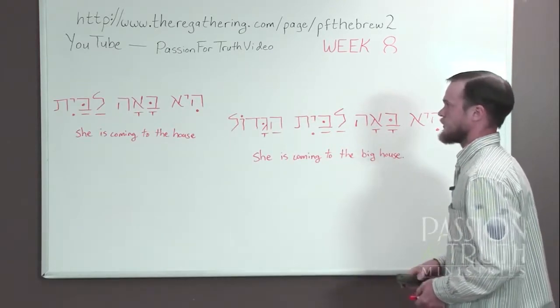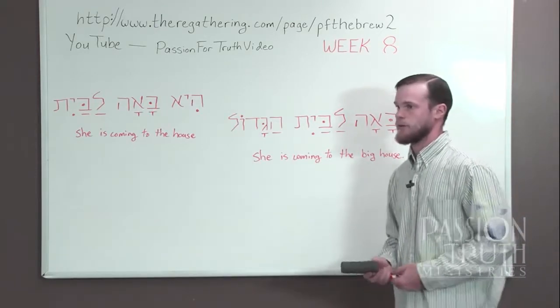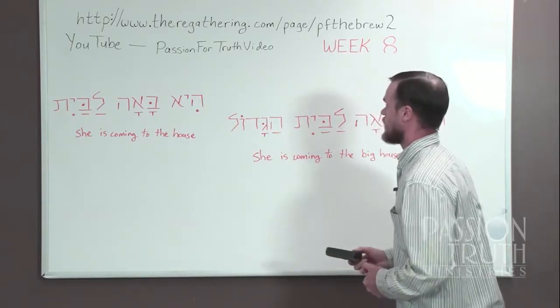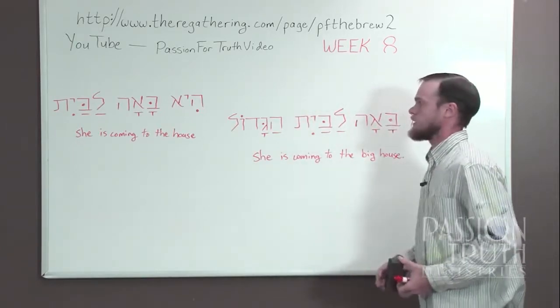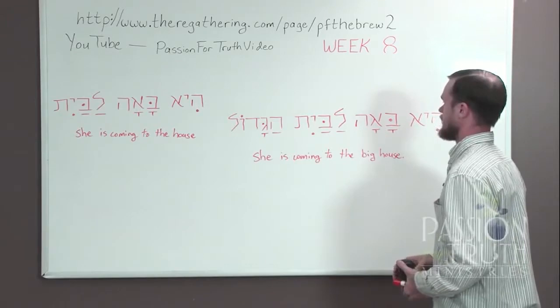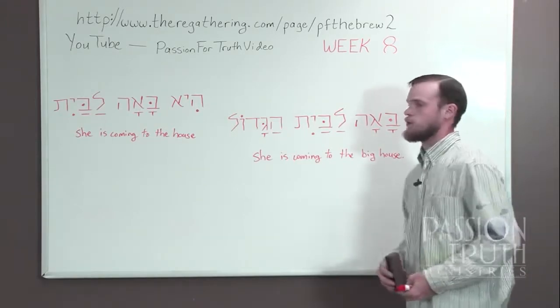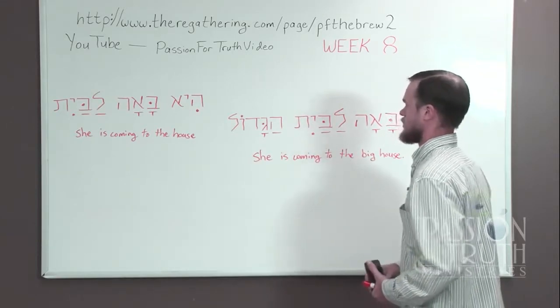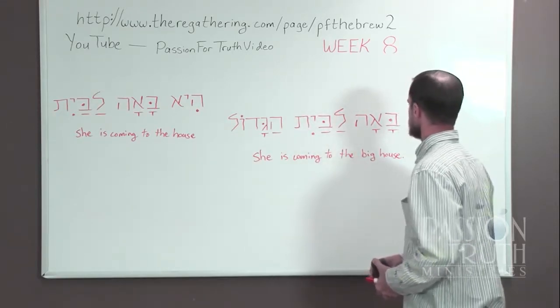It's not just a matter of knowing vocabulary, not just a matter of knowing this word means this and that word means that. All these little rules about gender and number and prefixes, they all come into play when we're constructing even pretty basic sentences.